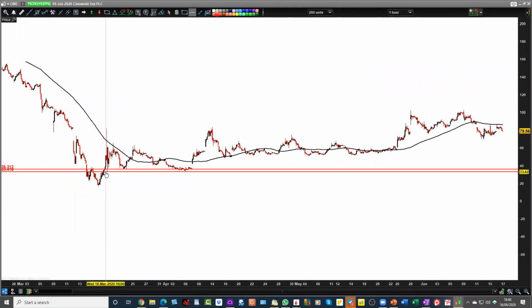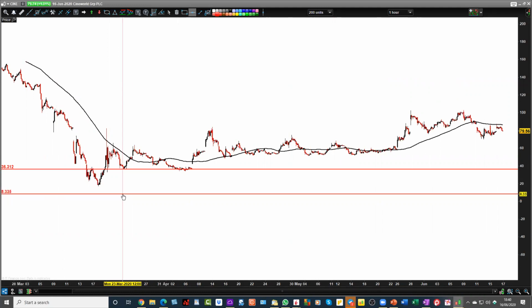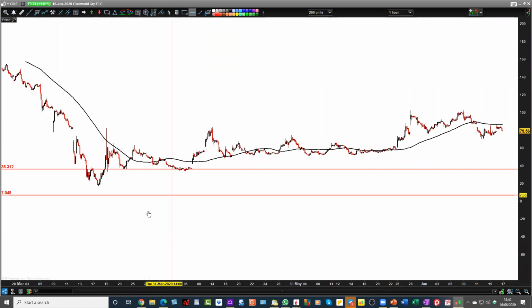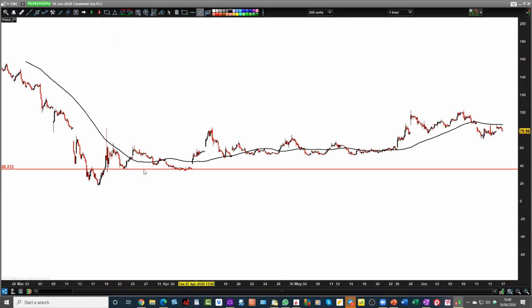So you can see down here at 36.30 on the 23rd of March and the 6th of April, that this one was potentially turning up. Then we broke out. We actually gapped up on the 6th.